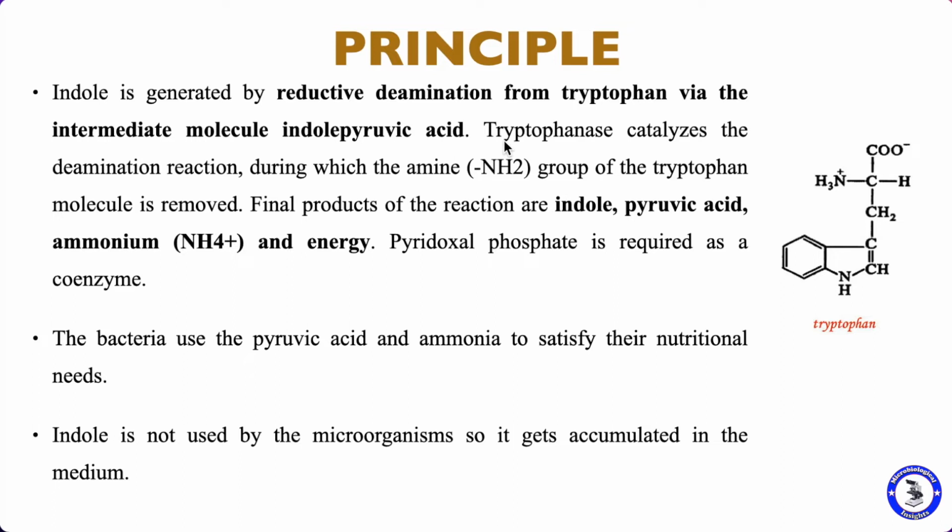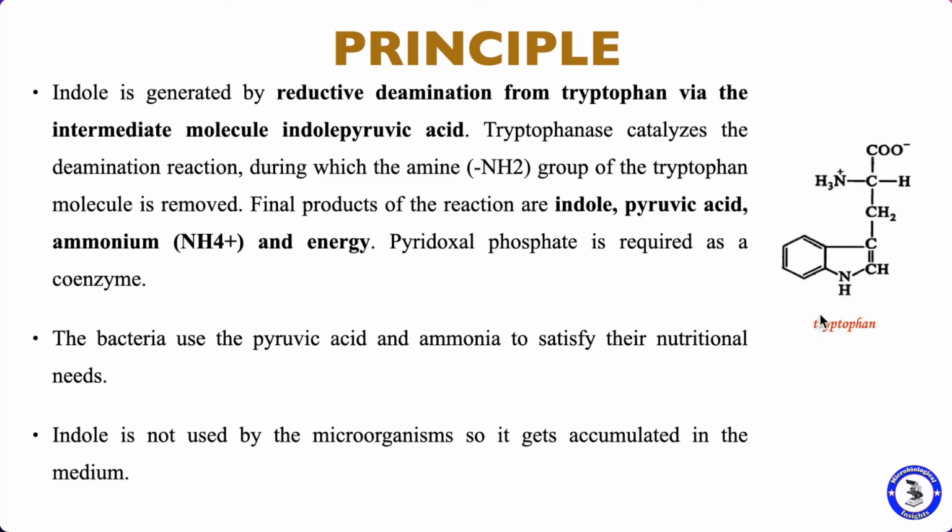If the microorganism has the ability to synthesize this enzyme tryptophanase, this tryptophanase enzyme catalyzes the deamination reaction. Deamination means removal of the amine group, no? So, during the deamination reaction, the amine group of tryptophan is removed.